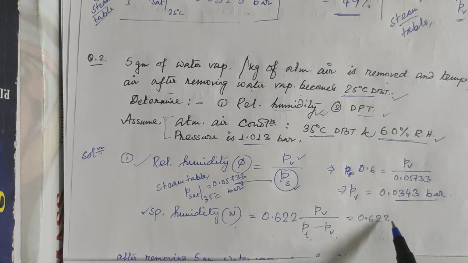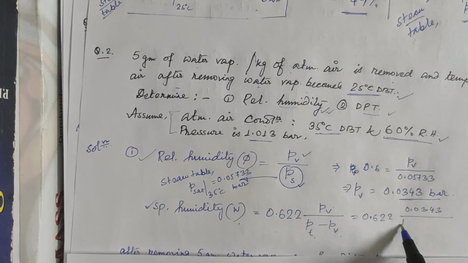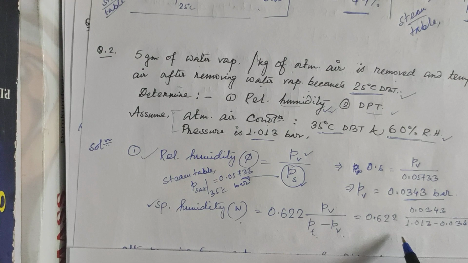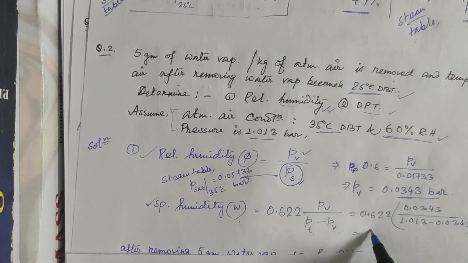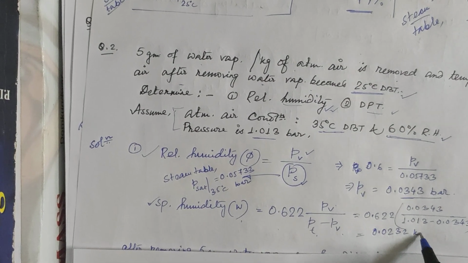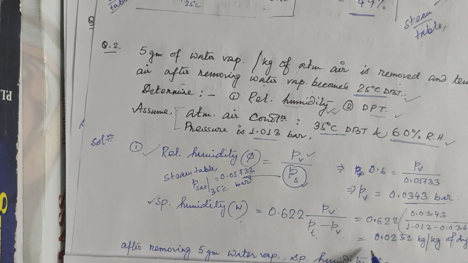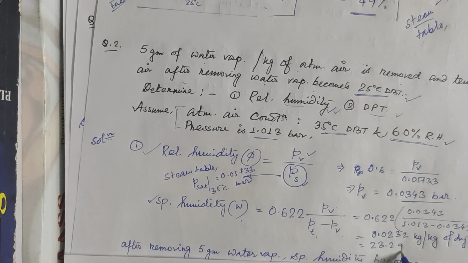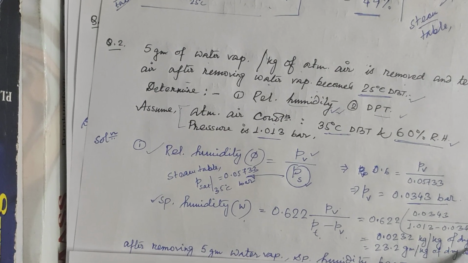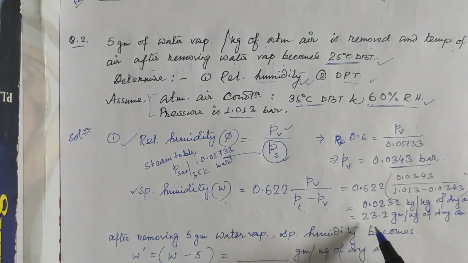We can write 0.622 into PV, which is already determined, 0.0343, by 1.013 minus 0.0343, and the value of W is 0.0232 kg per kg of dry air, which is equal to 23.2 gram per kg of dry air. So the initial specific humidity is known.